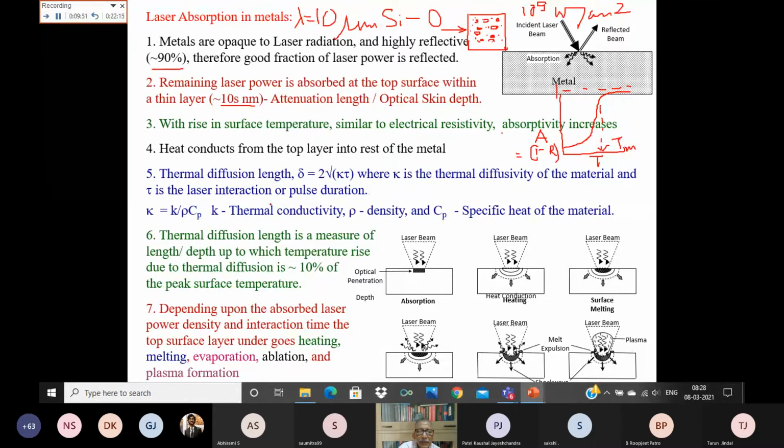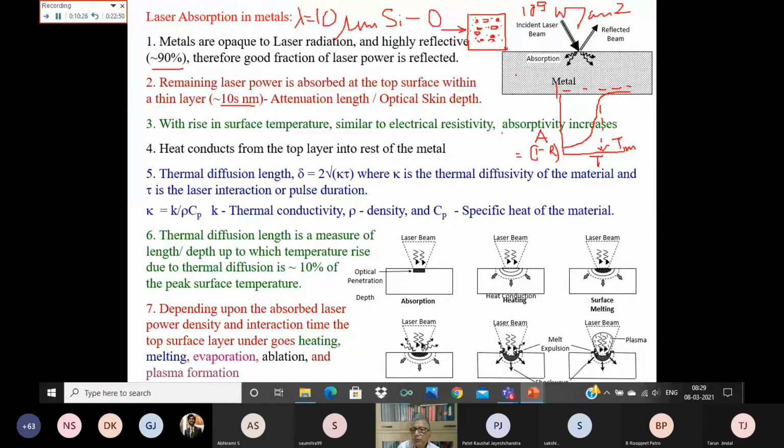Thermal diffusivity is given by thermal conductivity divided by the density of the material and the specific heat. Now, what does the thermal diffusion length indicate? This length is a measure of the depth to which the temperature rise due to thermal diffusion is nearly 10% of the peak surface temperature.